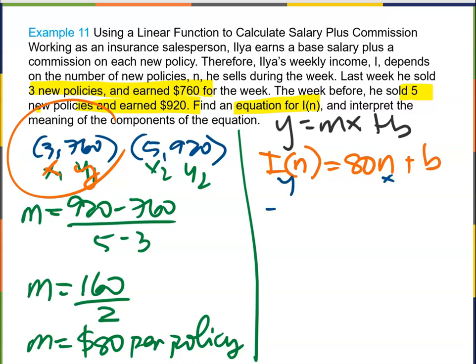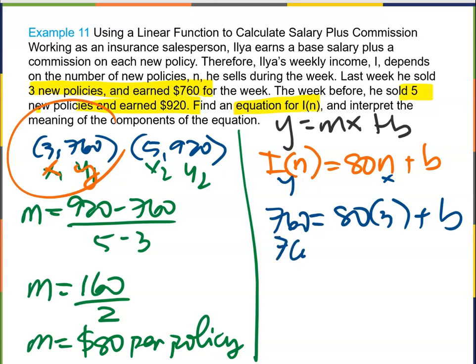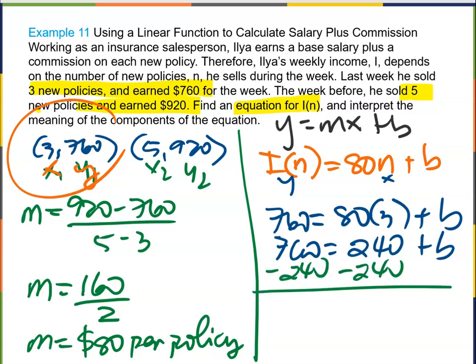So 760 is equal to 80 times 3 plus b. 80 times 3 is 240 plus b, and then subtract 240 from both sides. That is 520 is equal to b. So that is the initial value.